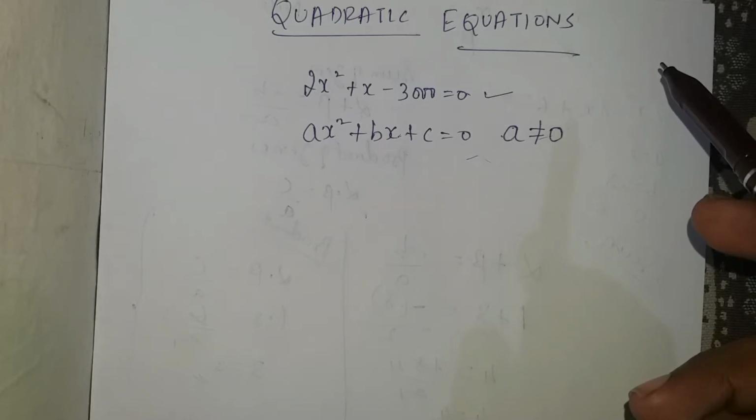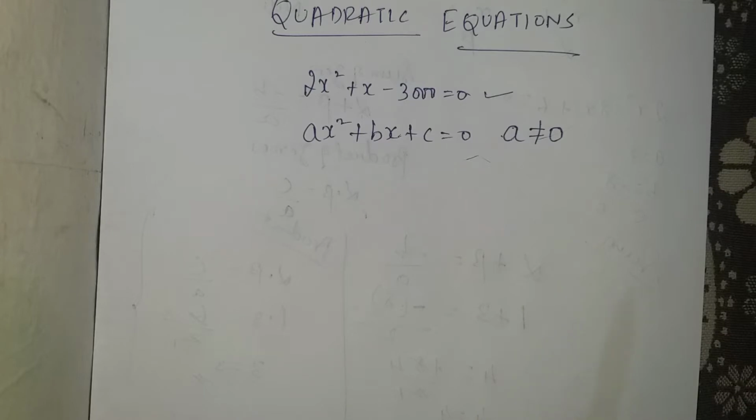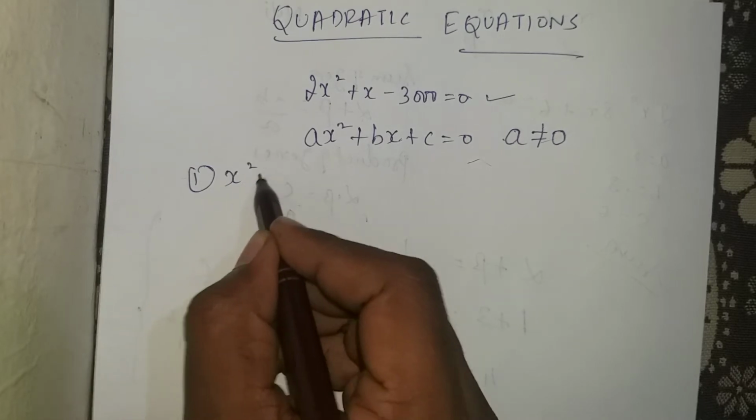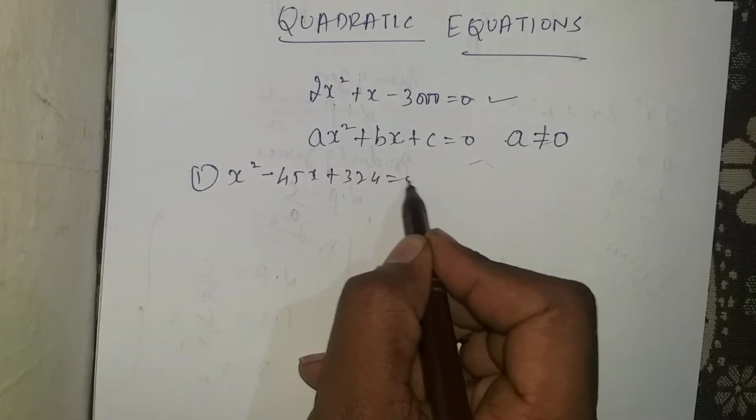In your chapter, the first exercise is very easy. You need to check whether it is a quadratic equation or not. They'll give one problem and you should tell whether it is a quadratic equation or not. Got it? I'll consider certain examples. First question: 2x square minus 45x plus 324 is equal to 0.